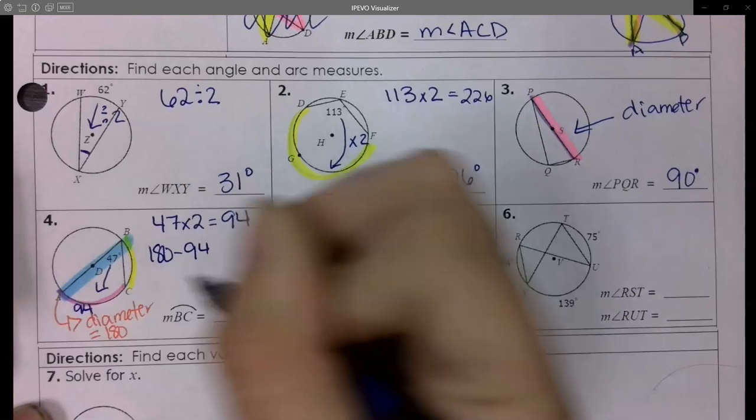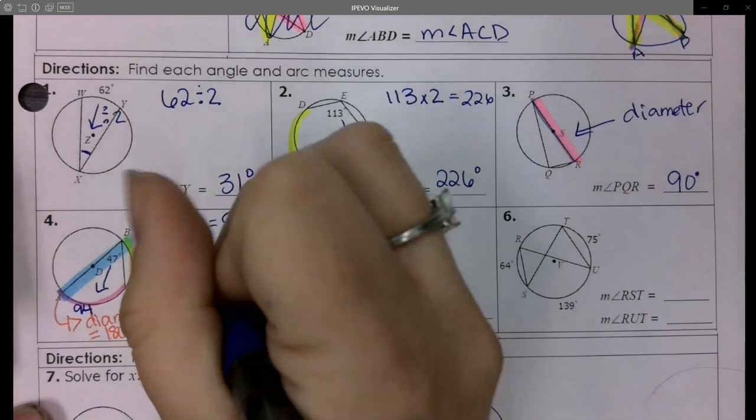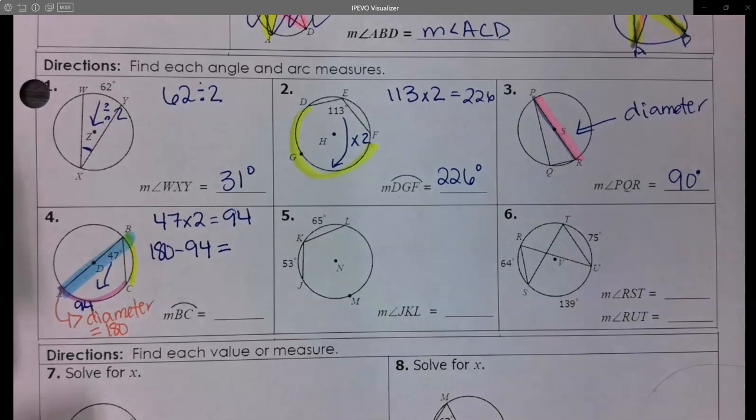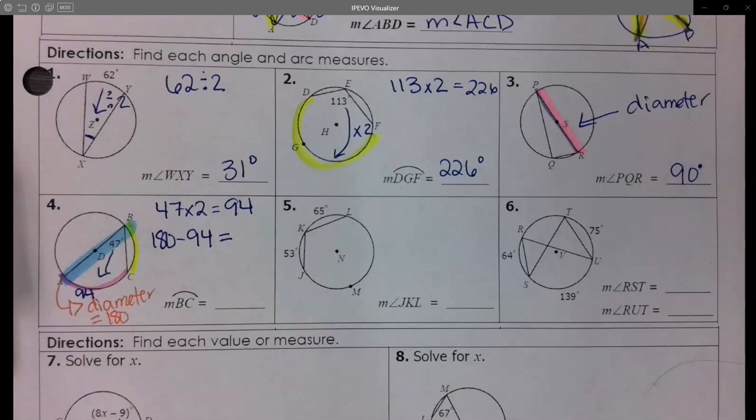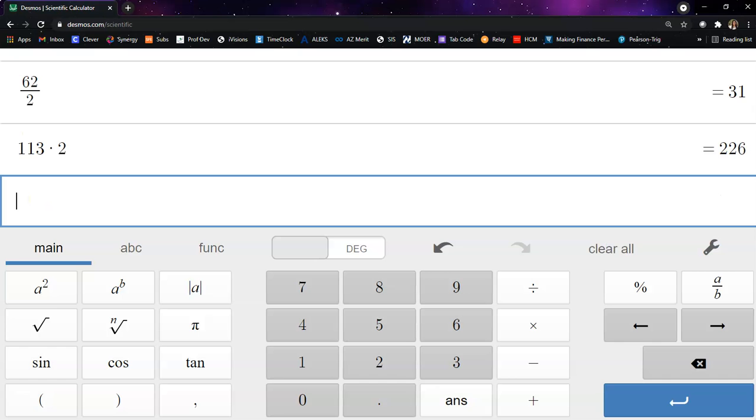So I know this ends up being 94, and I want to figure out the yellow part. So I'm going to do 180 minus 94, which gets me 86.